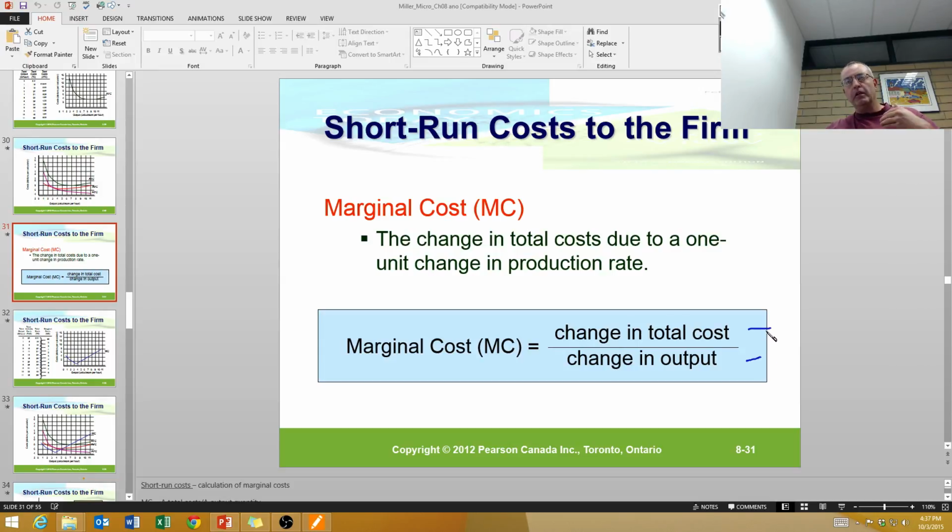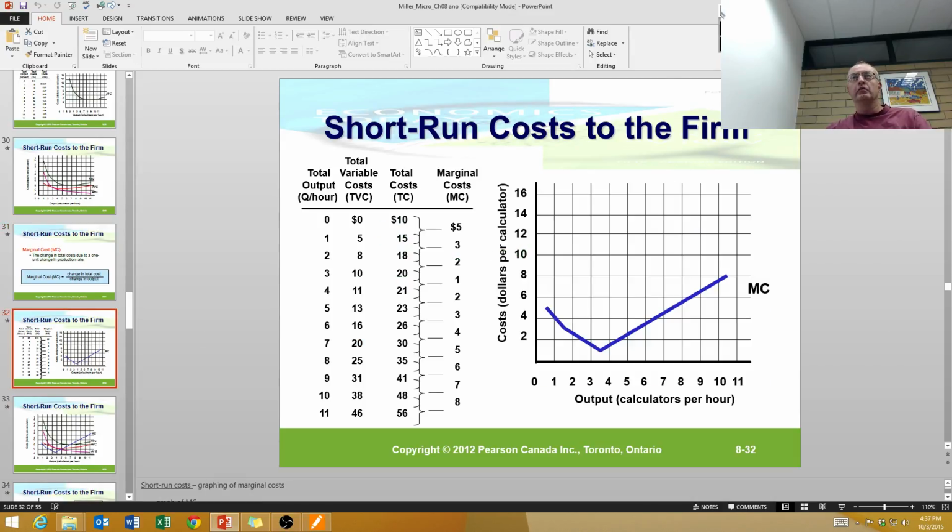It basically means how much our total costs increase for every extra unit of output that we produce. And you'll notice that we calculate the marginal based on the total, not the average. We don't even have to know the average figures to calculate the marginal. Okay, so now we want to plot the marginal costs, and we notice that we have this U shape.